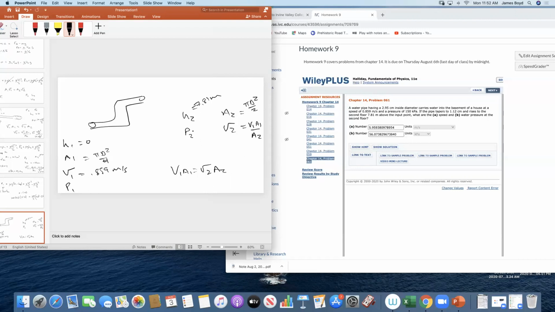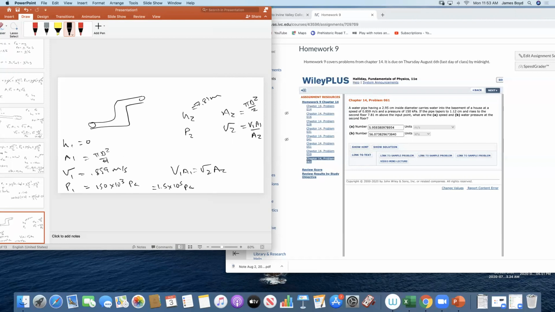And the final thing that we're told is that the pressure is 150 kilopascals, which is 150 times 10 to the 3rd pascals, or 1.5 times 10 to the 5th pascals. And we want to know what P2 is, and what V2 is.